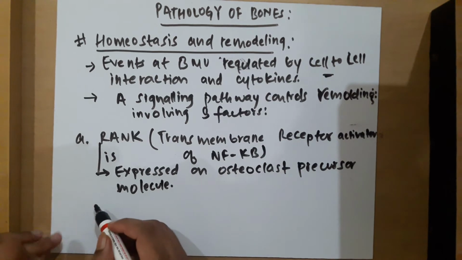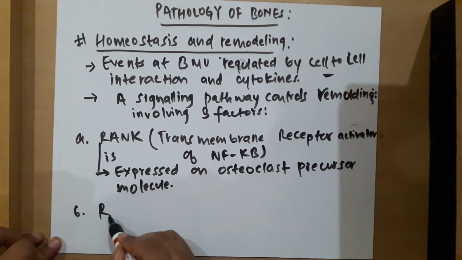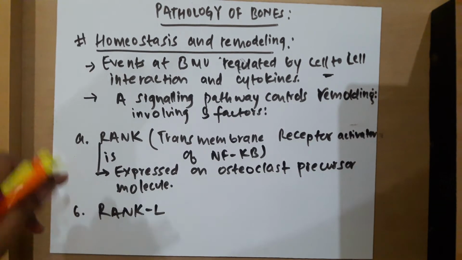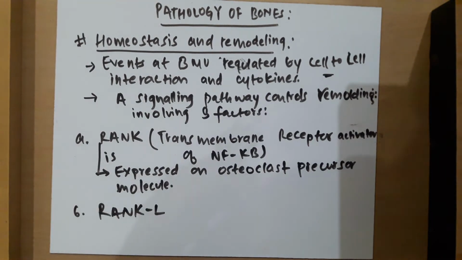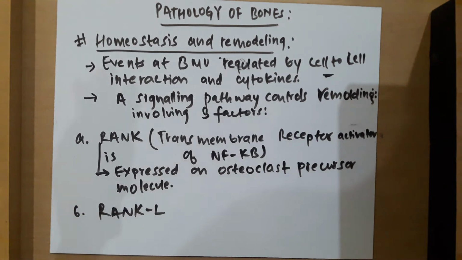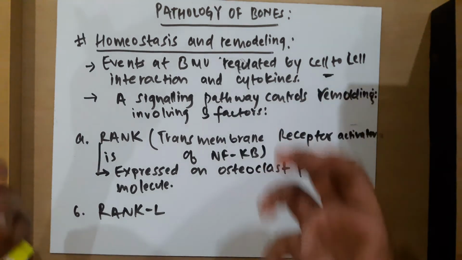And the next factor we told was the RANK ligand. So if RANK is a receptor, then it must have a ligand, it must interact with the ligand to activate its action.